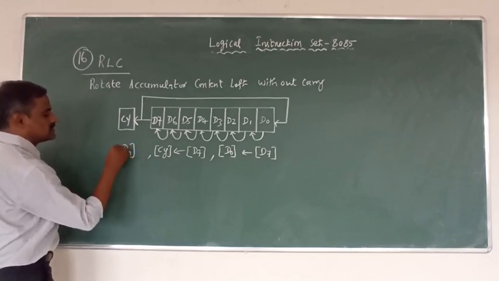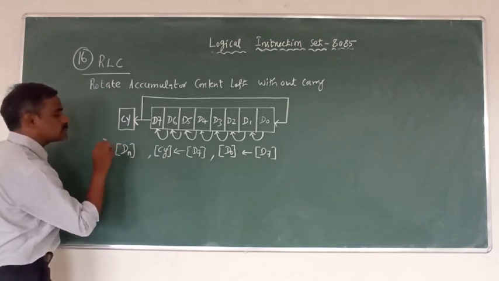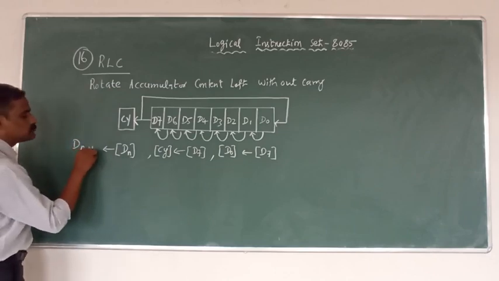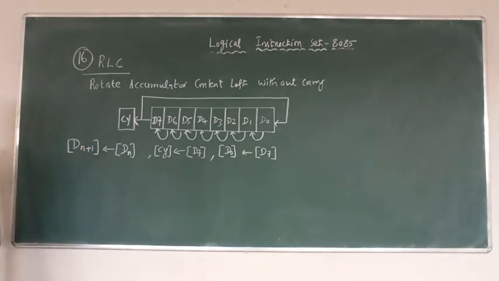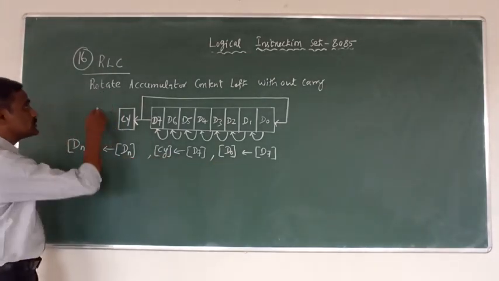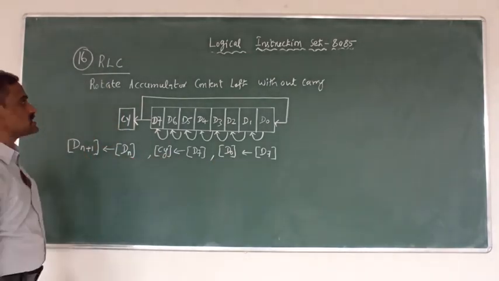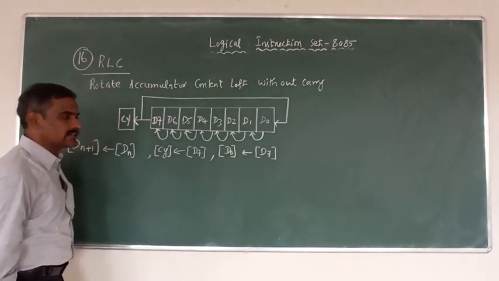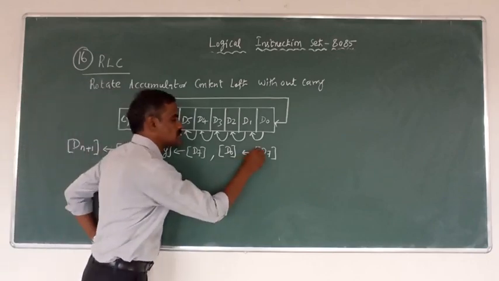DN data, N means N position data, moves to DN plus 1 position. This is the format to move the RLC. RLC means rotate accumulator content left without carry. It will move a single bit position.